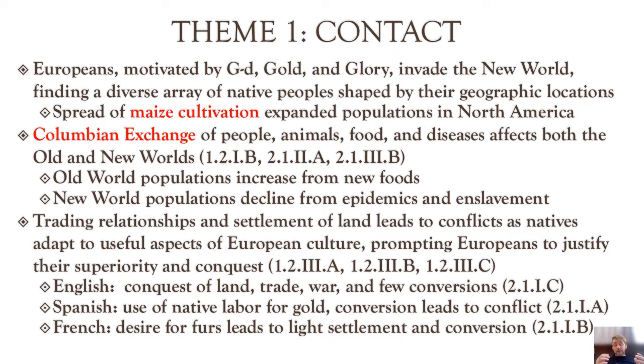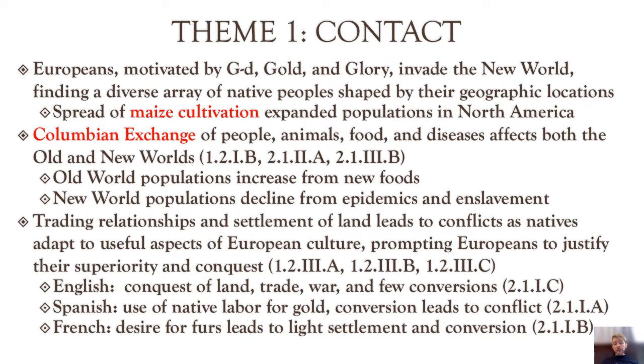Now, it depends on which European people we're talking about, how that process unfolds. If we're talking the English, they are very focused on conquest. They want land for settlement. They want to trade. They're also very conflict heavy. There will be a lot of attacks, a lot of conflicts.